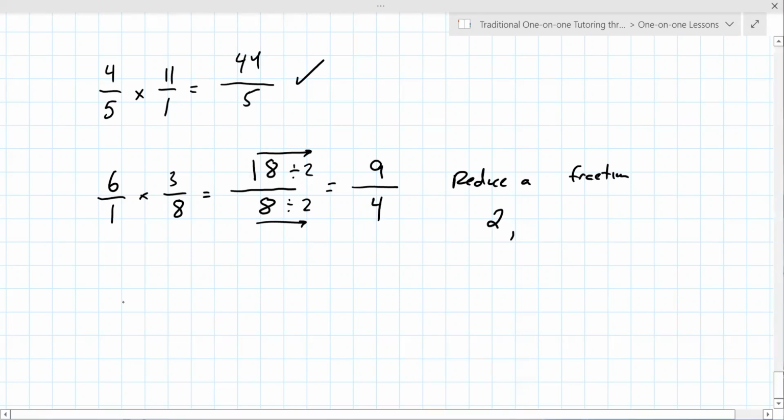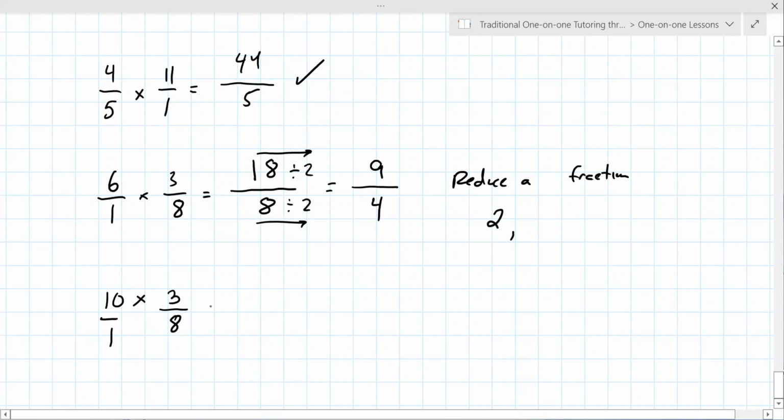Okay, let's try another one here. Let's do 3 divided by 8.